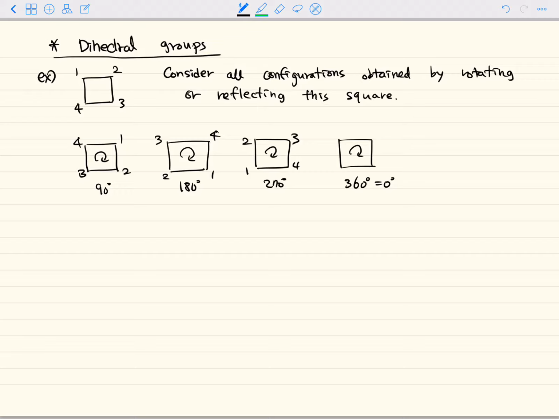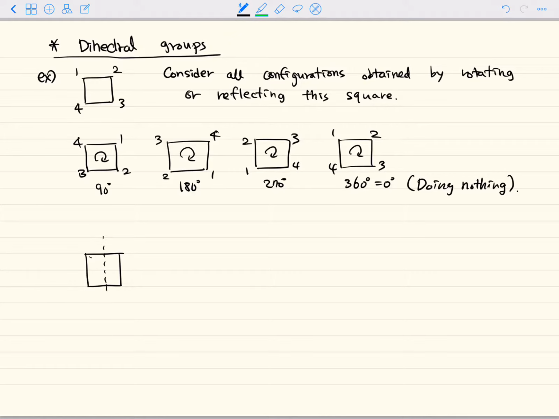That means we don't do anything, so it stays the same. So there are 4 rotations, and there are reflections.